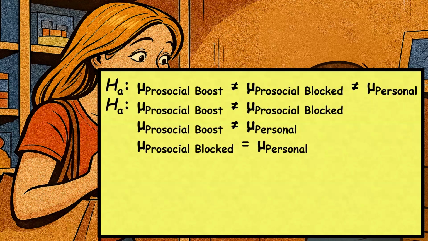It's also possible that the mean happiness of the prosocial boost population does not equal the mean happiness of the prosocial blocked population, and the mean happiness of the prosocial boost population does not equal the mean happiness of the personal population, and the mean happiness of the prosocial blocked situation does equal the mean happiness of the personal population. That's another possibility.